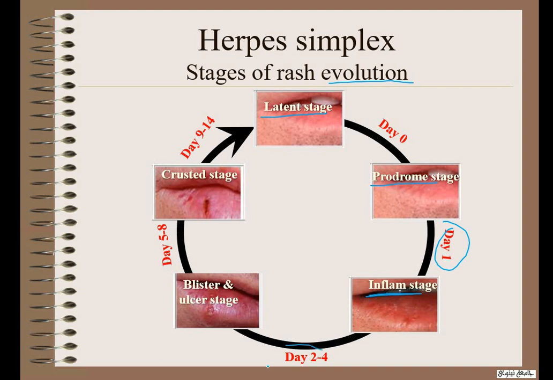On days 2 to 4, he will develop eruption or vesicles and ulcer. On days 5 to 8, these lesions become crusted, and from day 9 to as long as 14 days, the patient is healed and comes back to a latent stage.